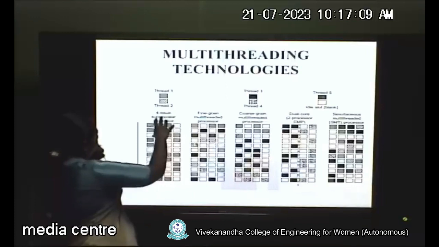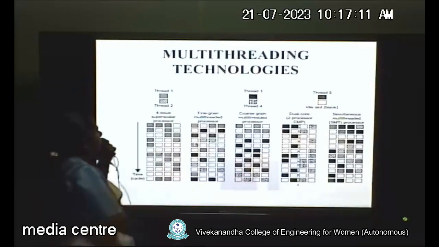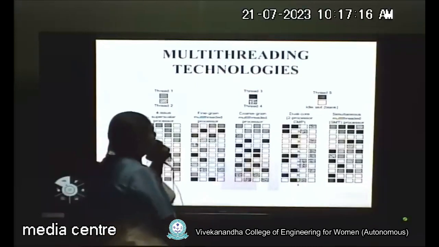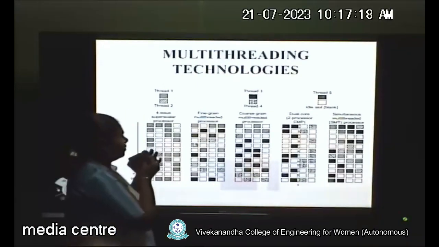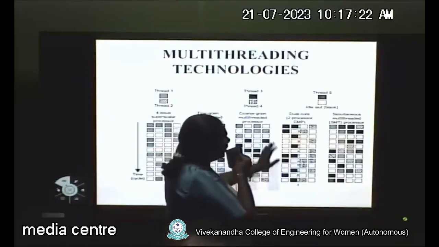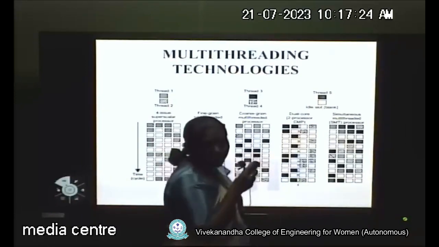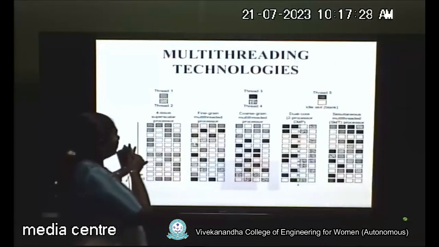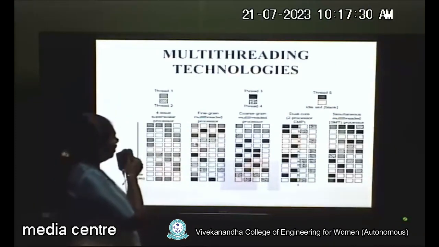The first one is the four-issue superscalar processor. The second one is the fine-grained multi-threaded processor. Then the coarse-grained multi-threaded processor. Then dual core. Then the simultaneous multi-threaded processor. In traditional systems, we use the superscalar processor and the fine-grained multi-threaded processor.